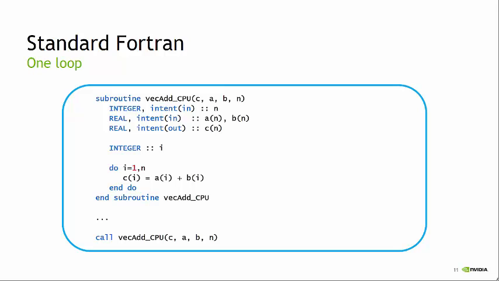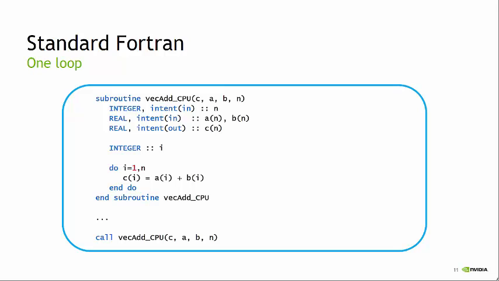So again, let's have our standard Fortran for a vec add, so a vector addition, or X plus Y. Again, it's not very complicated code. We take 3 arguments in, A, B, and C. A and B are inputs, C is an output, and we also take in N, which is an input, which is the length of our vectors.